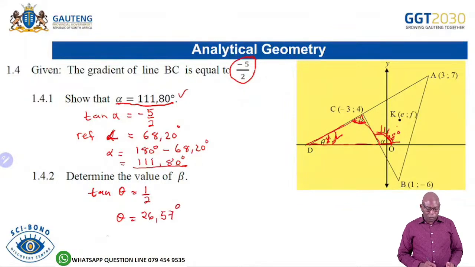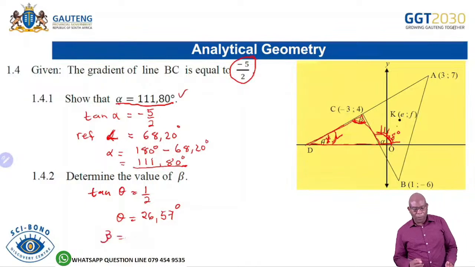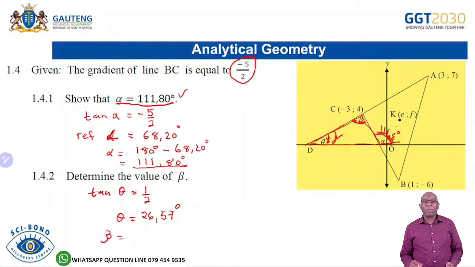Okay, so for me to get my beta now, it's going to be my 111.80 subtract 26.57, or I can say 180 degrees minus that angle minus that other angle. But now the easy way will be 111.80 subtract 26.57 degrees, then angle beta there. That's a bit tricky question there.